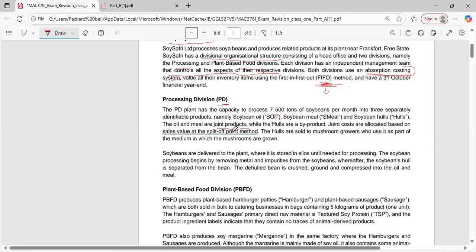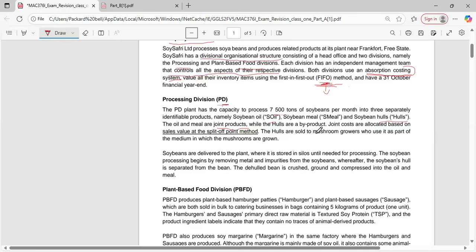They are talking of joint products, which means we are focusing on joint processing and byproduct. So our joint products are the oil and the meal. So which means the hulls are a byproduct, right?